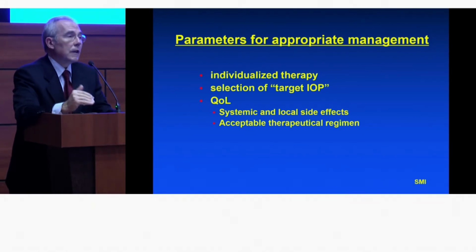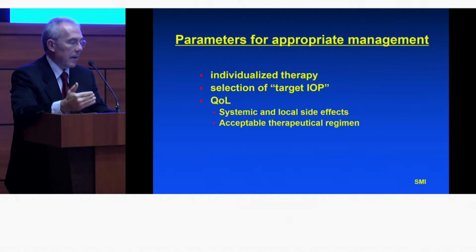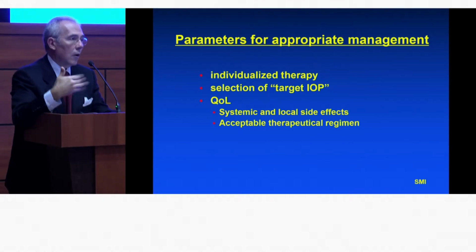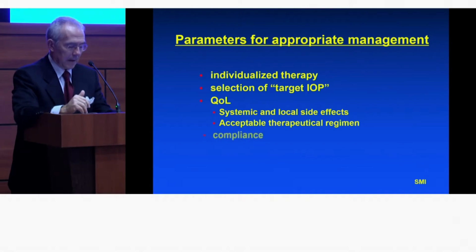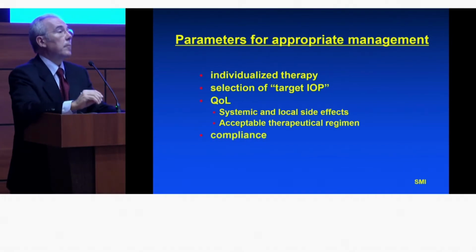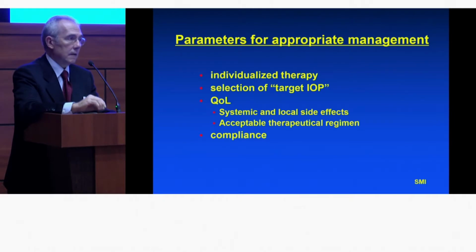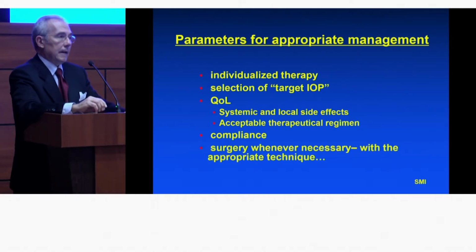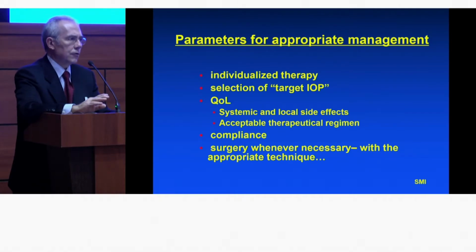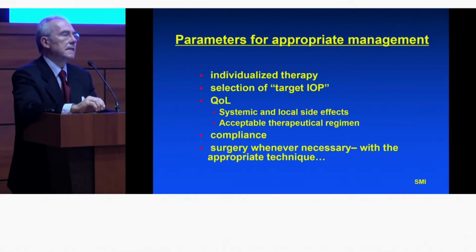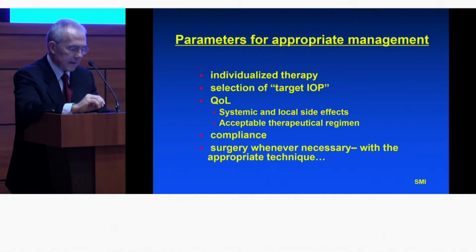And we need to give to our patient an acceptable therapeutic regimen that can be kept for all the life. We need the patients to be compliant, otherwise the treatment will not work. And we should not be afraid of surgery, because surgery has to be done whenever necessary, of course with the appropriate technique.